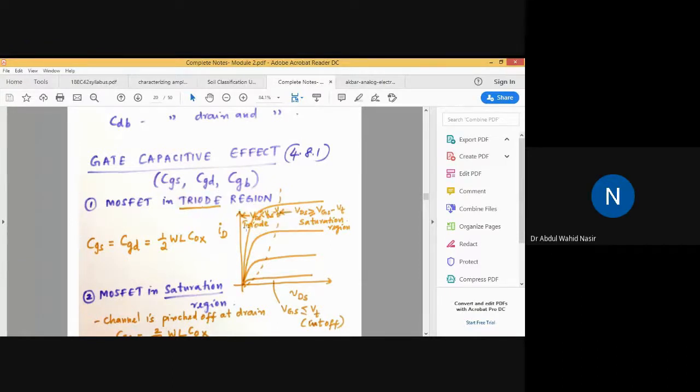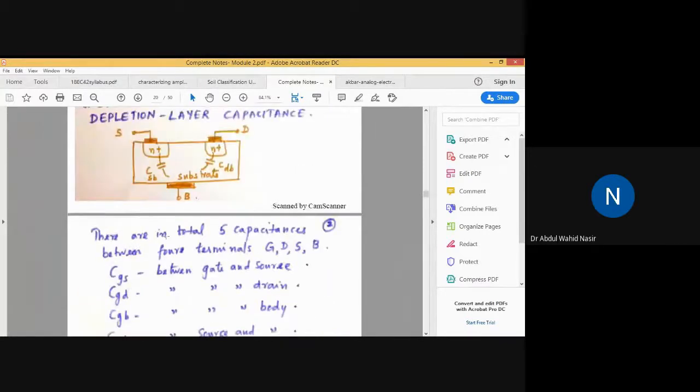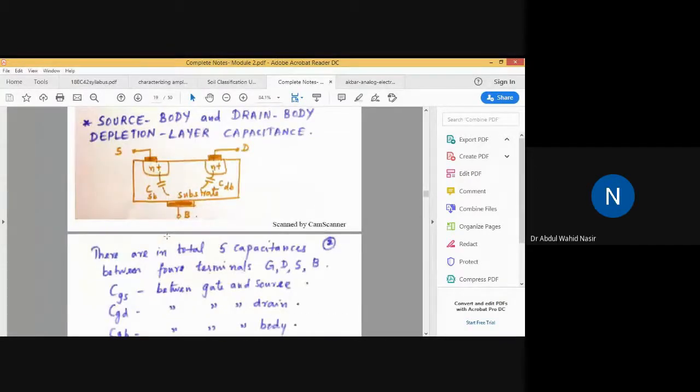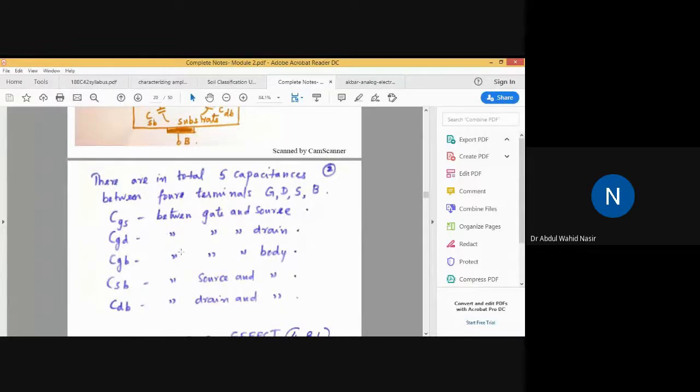For the triode region, we consider the capacitance CGS between gate and source, and CGD between gate and drain.